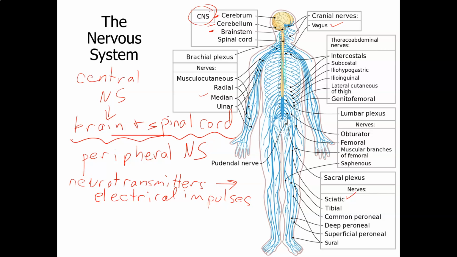So electrical impulses are very fast, but they don't last as long. Their effects don't last as long.